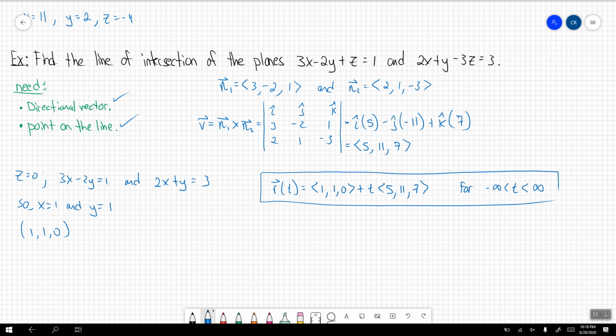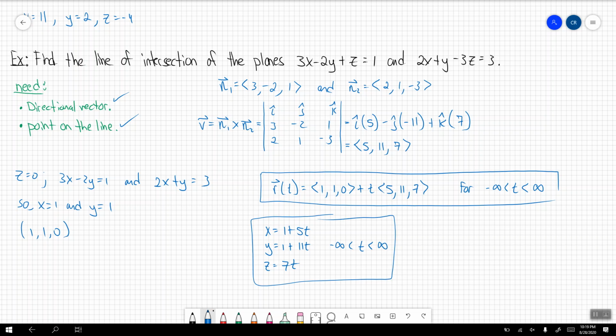If you give me this answer and I didn't specify any type, you're good, you got full credit. Now if you give me parametric equations, x is equal to 1 plus 5t, y is equal to 1 plus 11t, and z is equal to just 7t, you get yourself full credit.